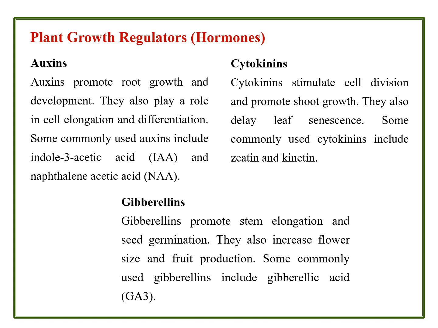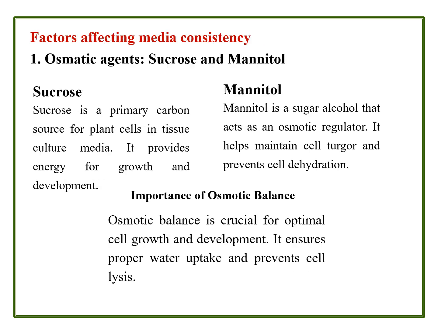Next, gibberellins. Gibberellins promote stem elongation and seed germination. They also increase flower size and fruit production. Commonly used gibberellins in plant tissue culture medium preparation include gibberellic acid, that is GA3.